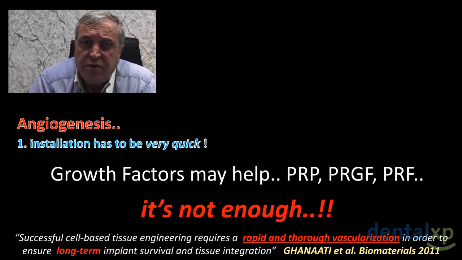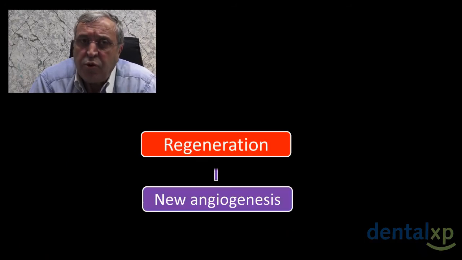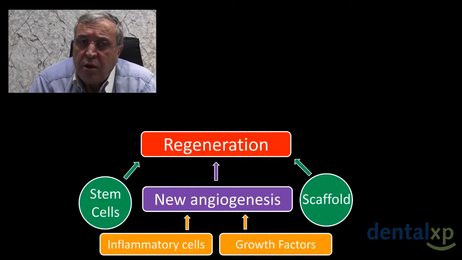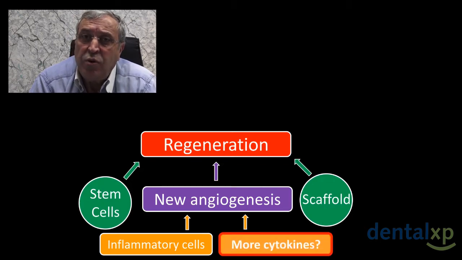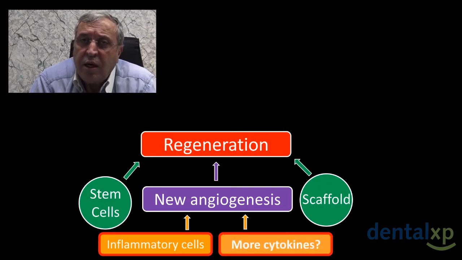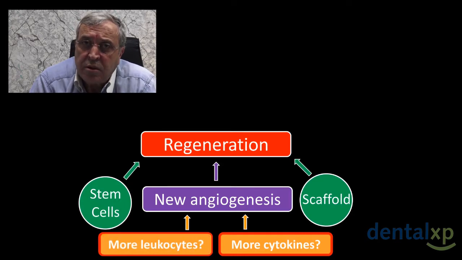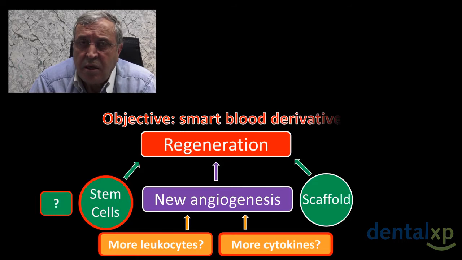But it's not enough today, because we have more scientific evidence about the regeneration, which needs angiogenesis and growth factors, inflammatory cells and stem cells. The question is, can we improve? Can we increase the cytokines release? Can we increase the leukocytes? And can we use mesenchymal stem cells? The objective is to produce a smart blood concentrate.